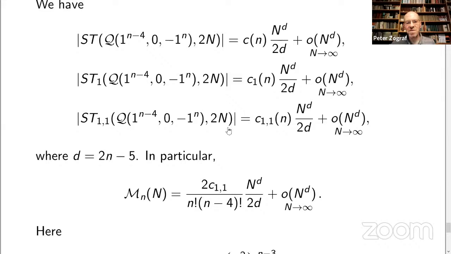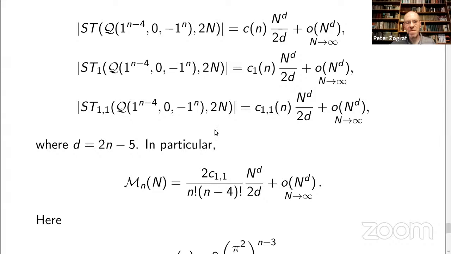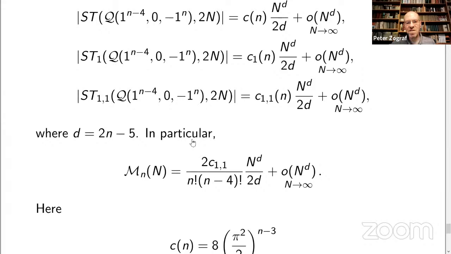And in particular, we have the following formula for the number of meanders with 2n crossings and n minimal arcs. Its asymptotic is given essentially by the constant C11.